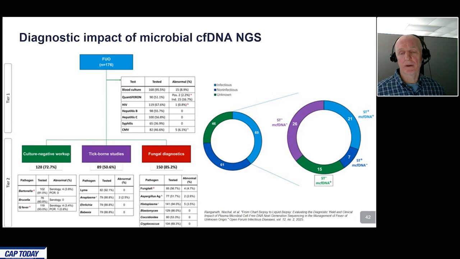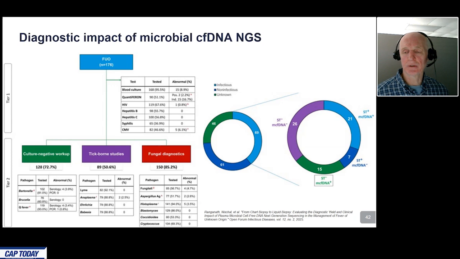Ultimately, they found a third, specifically 69 of the 176 patients, had an infectious disease that was the source of their fever. And when they extrapolated those 69 patients into this 4-colored bagel here on the right, they found the Karius test, the platform they used for metagenomic sequencing of microbial cell-free DNA in plasma, agreed with tier 1 and tier 2 testing in 21 patients.